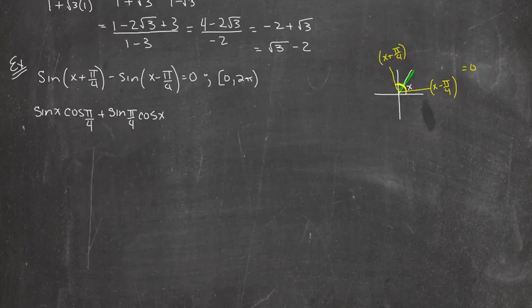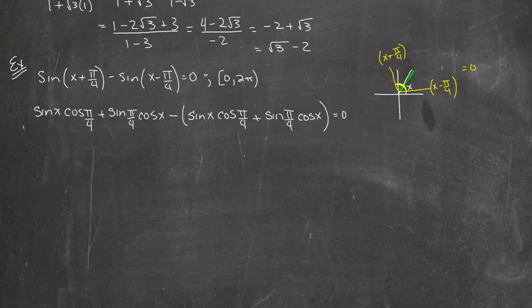Okay, so I've done this first one now, minus, now for the difference, I've got the sine of x times the cosine of pi over 4 minus the sine of pi over 4 times the cosine of x. Okay, I'm pretty sure that's right, equals 0. So now it looks like I can combine things if I can distribute this negative sign.